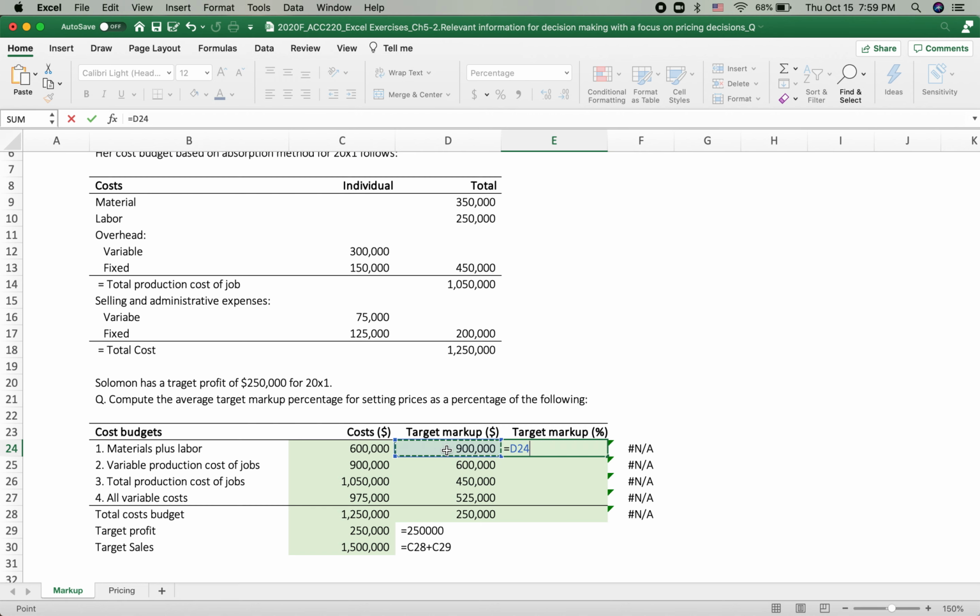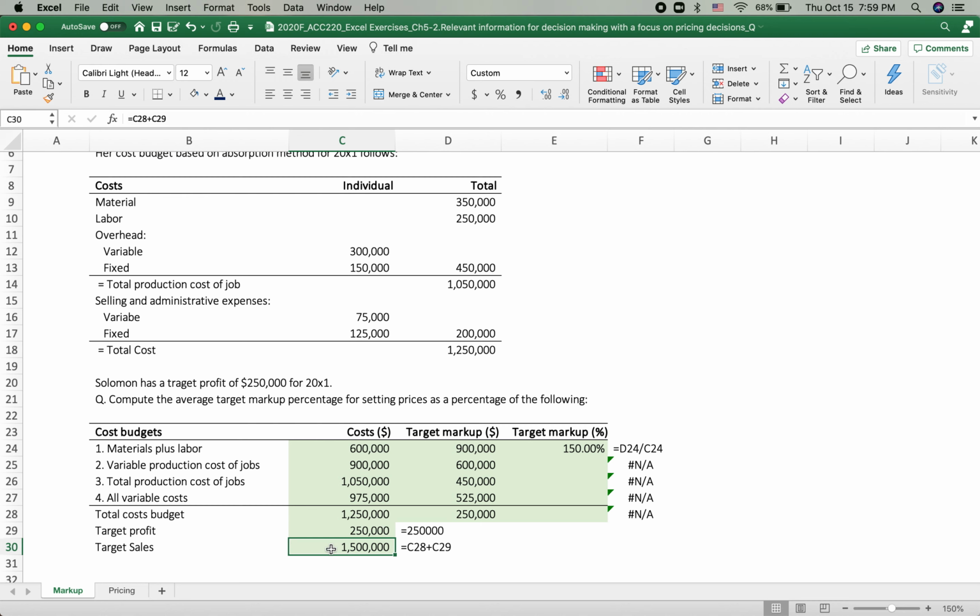How much buffer or markup we have from the cost to reach the sales. So we use not sales, be careful, not sales, but the cost. So 150% is the markup starting from the material plus the labor cost to reach these sales.